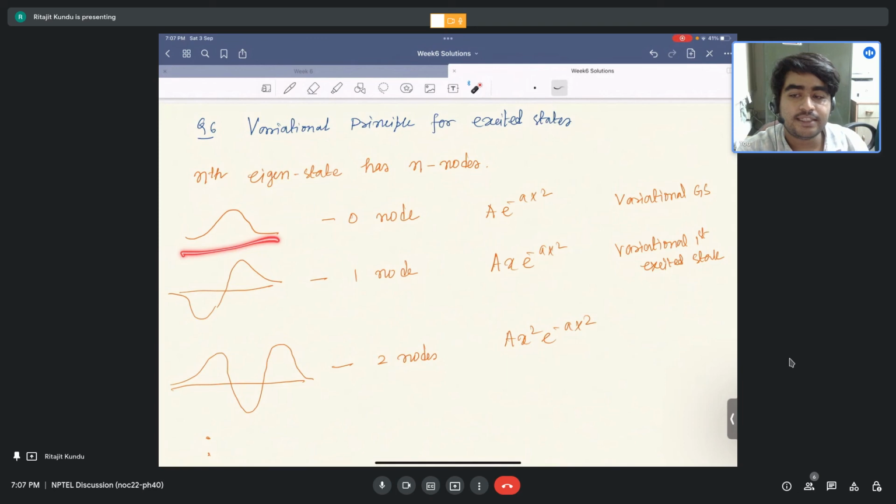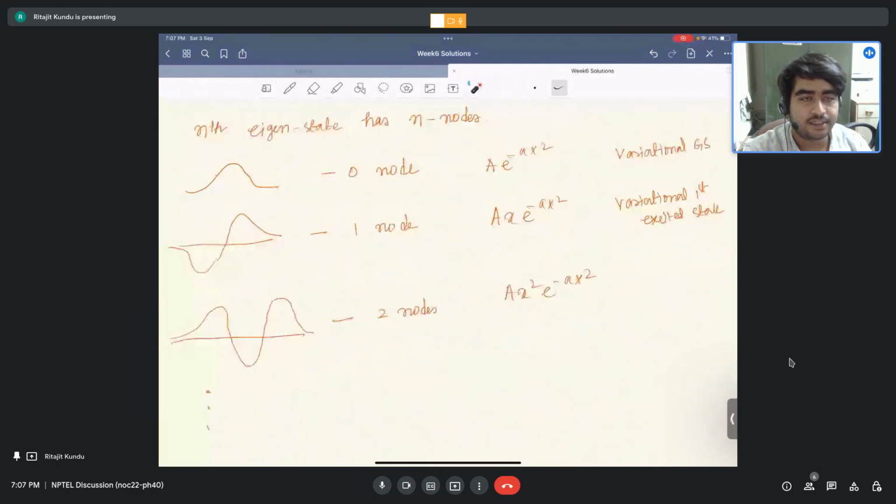The ground state generally doesn't have any nodes, so it is a good candidate. It can be a Gaussian, it can be a Lorentzian. But if you want to calculate the first excited state, then we should increase the nodes, and our trial solution should have at least one node to get the expectation value of the first excited state.